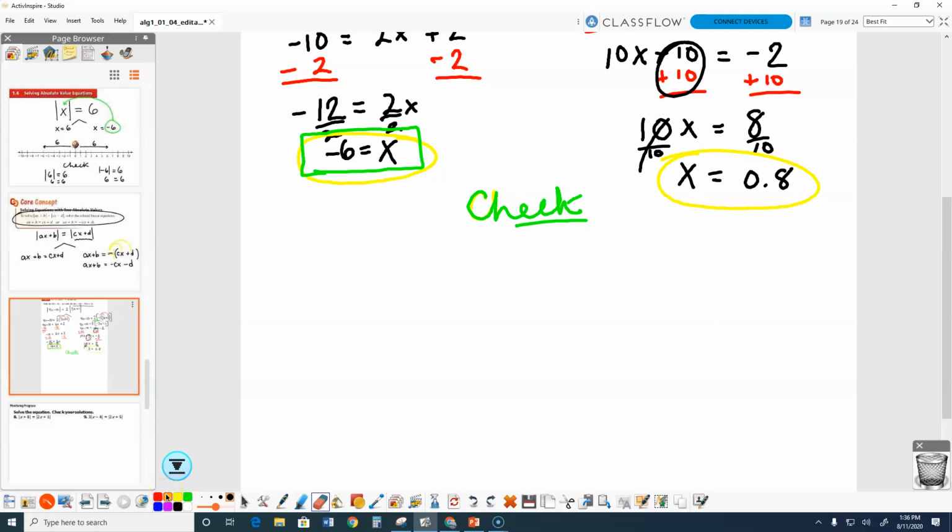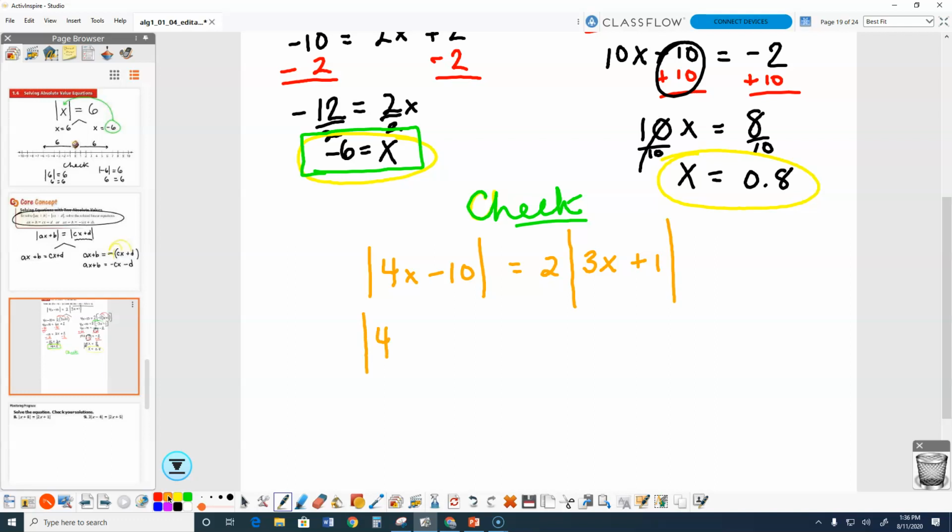So I'm going to write out my equation once again. I need my pen, that's why. Okay, absolute value of 4x minus 10 is equal to 2 times the absolute value of 3x plus 1. All right, and let's go ahead and put 0.8 in there.